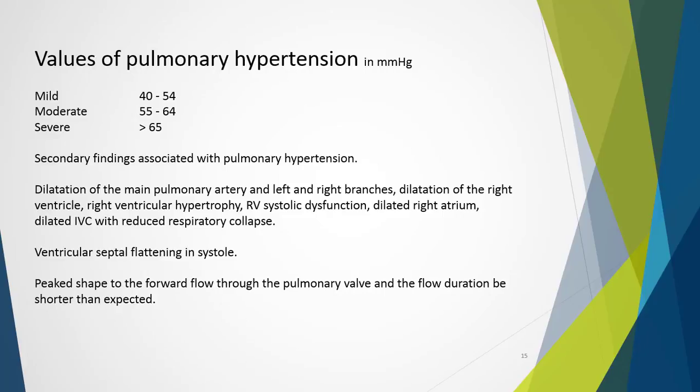Severe pulmonary hypertension may demonstrate an RV pressure overload with ventricular septal flattening in systole. Hemodynamically, there may be a peaked shape to the forward flow through the pulmonary valve, and the flow duration may be shorter than expected. And in our table here, we also have a set of values for pulmonary hypertension, ranging from mild to severe in millimeters of mercury.